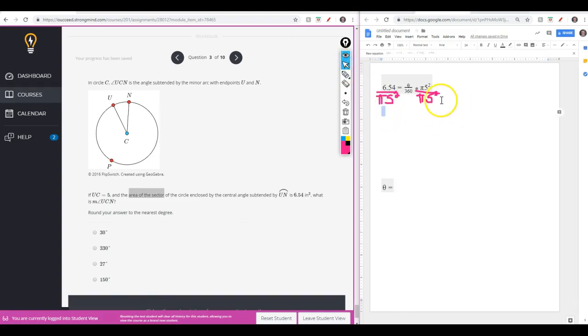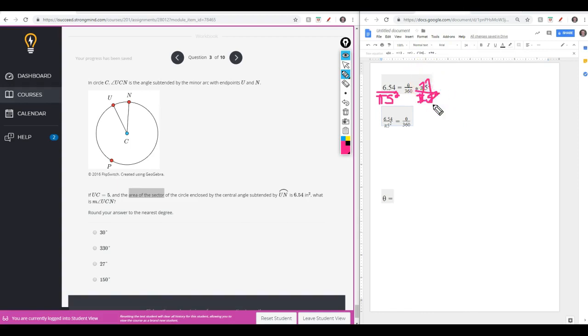Then our new equation would have 6.54 divided by pi times 5 squared, and that's going to equal, we still have theta divided by 360, and pi divided by pi reduces down to 1, and 5 squared divided by 5 squared, since it's the same quantity, reduces down to 1.